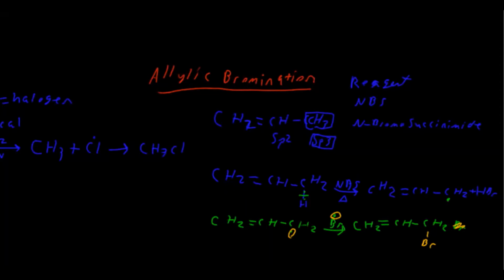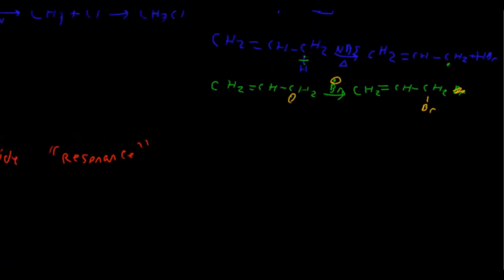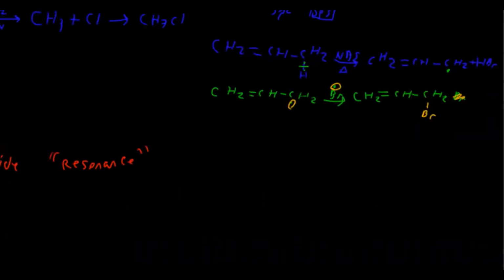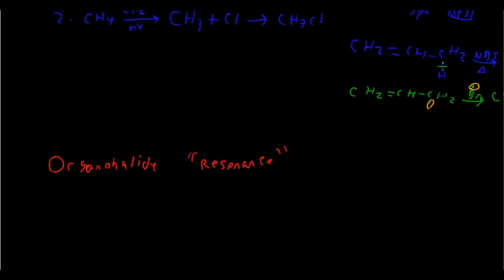One more thing to briefly go over is resonance, and I put it in quotations because most people don't recognize resonance in this fashion, but it's the resonance of organohalides. This is pretty simple if you remember how electrons work with resonance. So say we have CH2, CH, and then CH2 again.